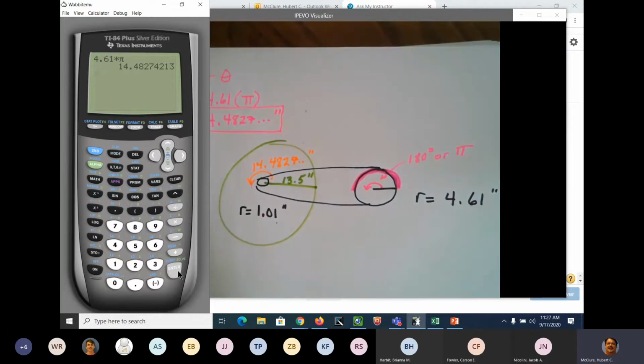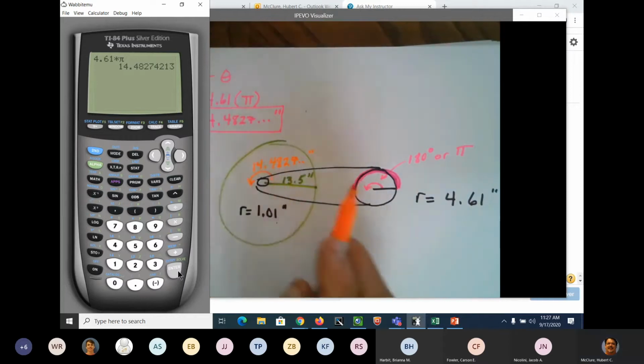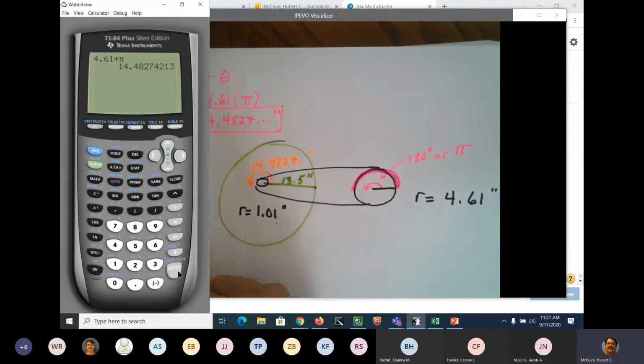And we know we got to find the angle. So the angle is going to be the length divided by the r. So theta is equal to the length divided by r.